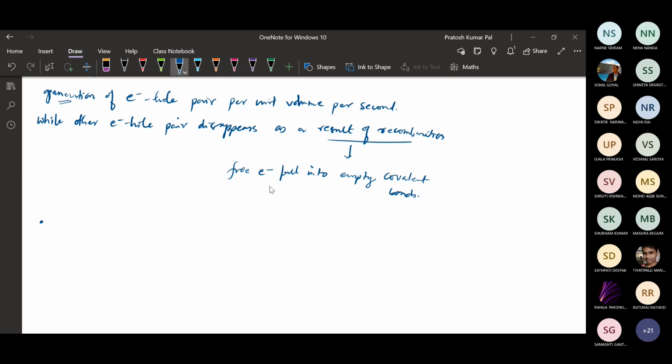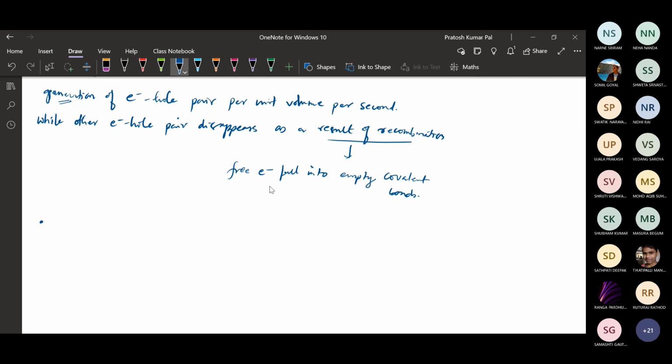So the average time that an electron or hole will exist is basically called the mean lifetime. Once electrons and holes have been generated and have recombined, the time between the generation and the recombination is considered the mean lifetime.